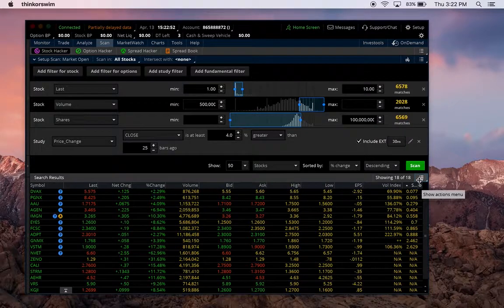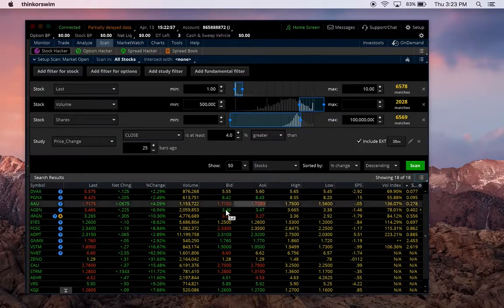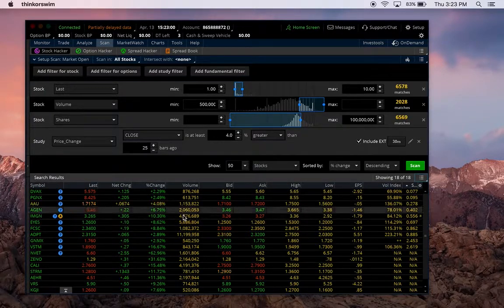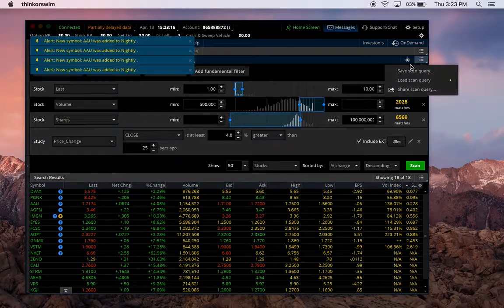I have the percent change in descending order. I'm not sure why this is popping up all randomly. Usually the biggest percent gainers are at the top and they go in descending order, but I'm not sure why this is messed up right now. Usually it does do it how I set it to.